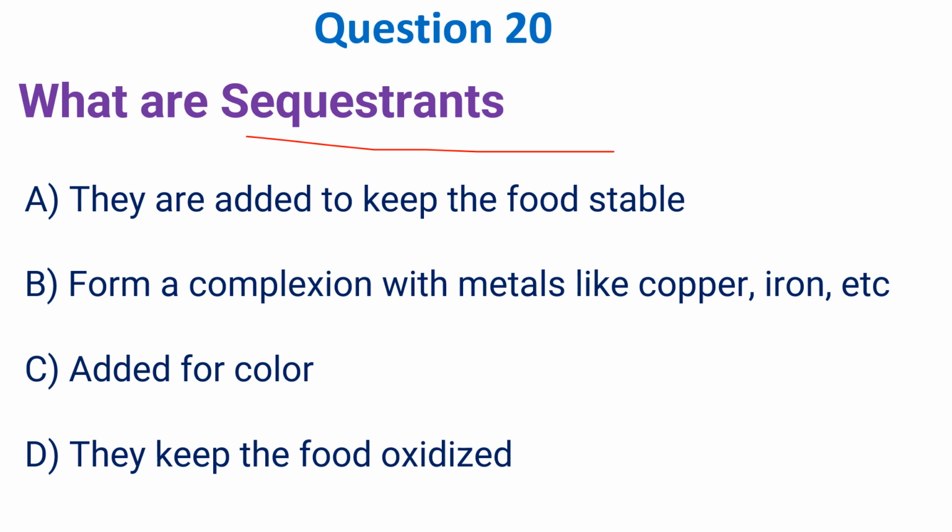The sequestrant is a type of preservative. The options are A. They are added to keep the food stable. B. Form a complex with metals like copper, iron, etc. C. Added for color. D. They keep the food oxidized. The answer to this question is B.